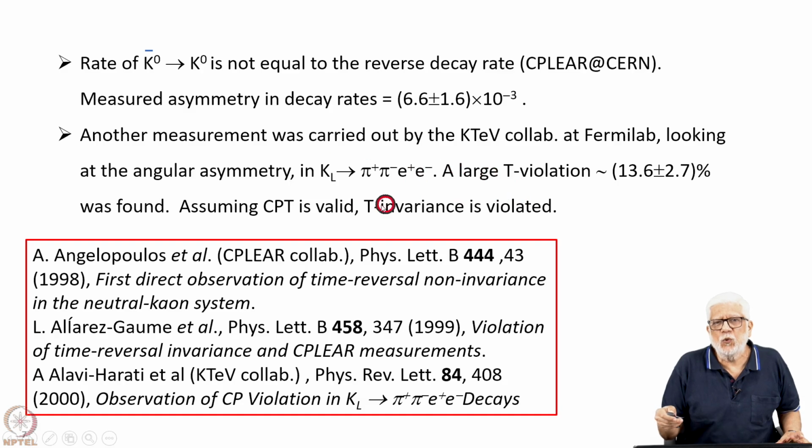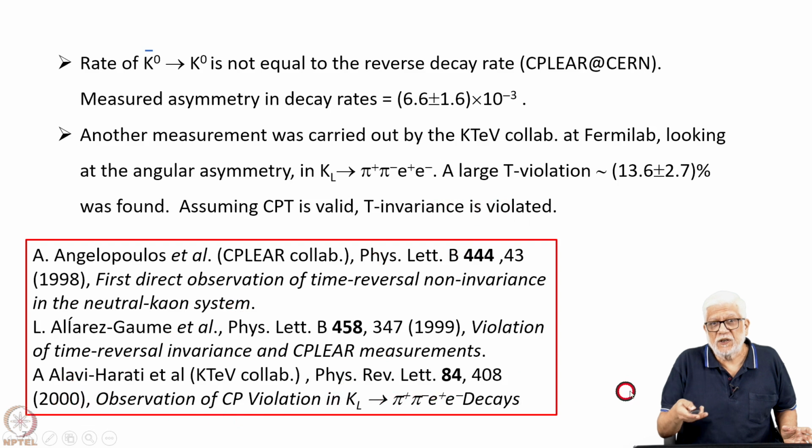And in fact, they found that there is a large T violation of the order of about 13% or so, and this is well beyond the 5 sigma level. So, if there are no other systematic errors, then this is a case where you have found a large T invariance violation, and this is the paper in 2000.